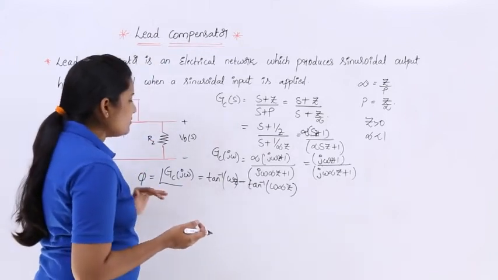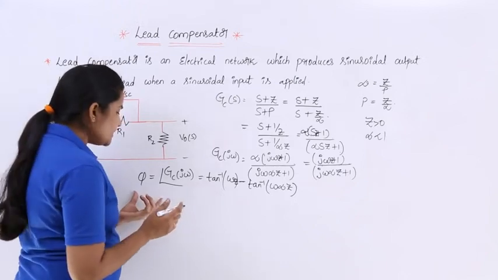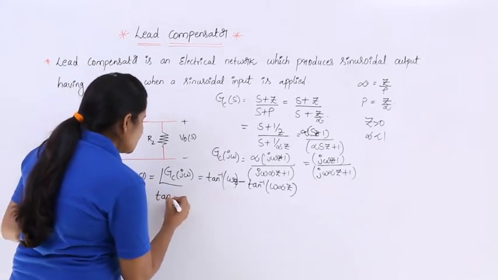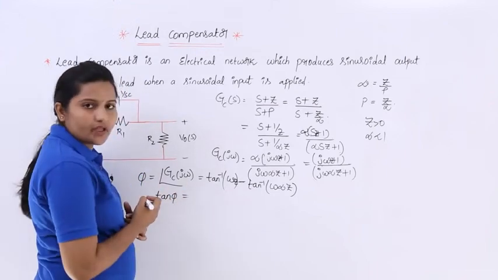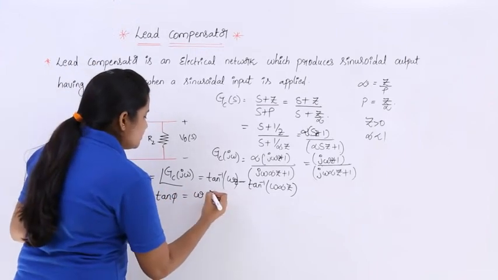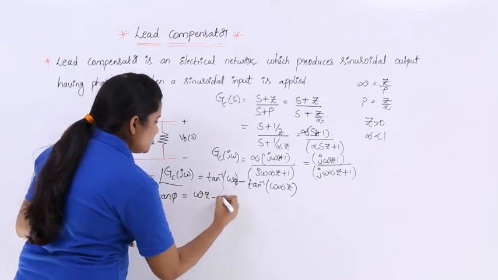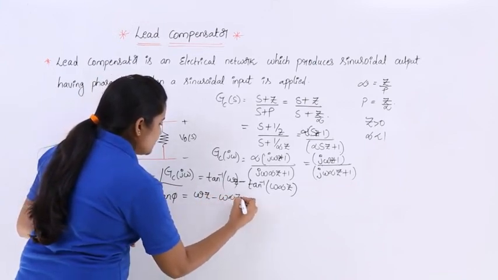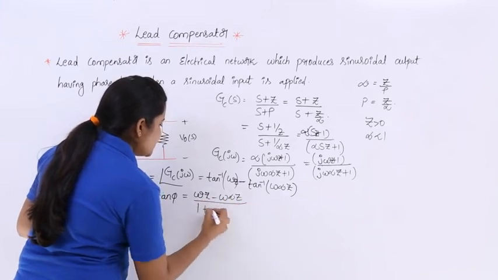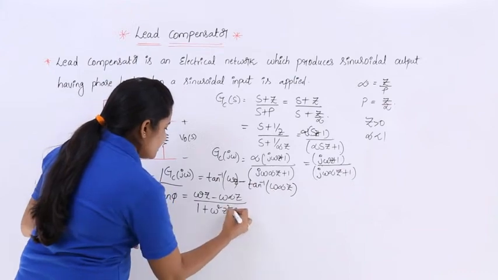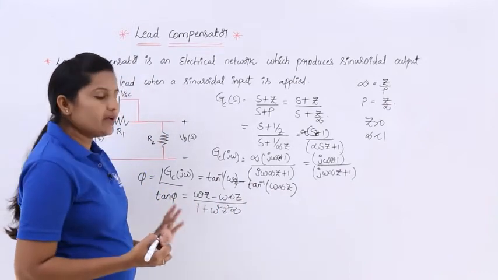So here I am writing the tan phi value. If I consider tan phi, then it is omega z minus omega alpha z divided by 1 plus omega square z square alpha. So this is the tan phi value. Why?